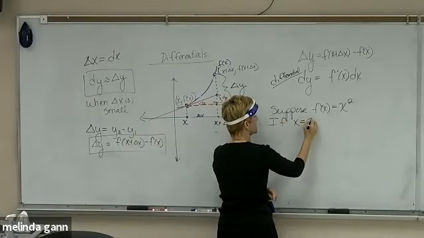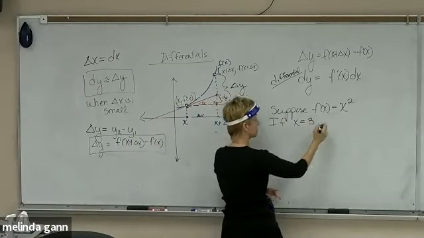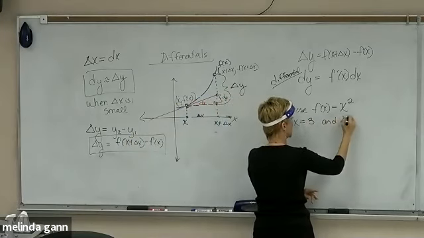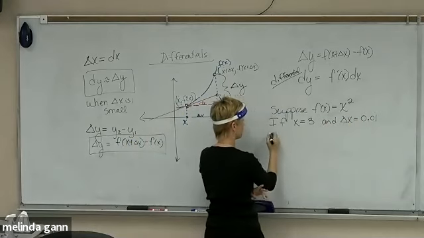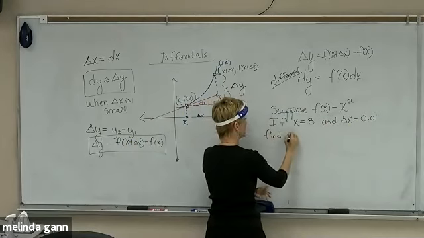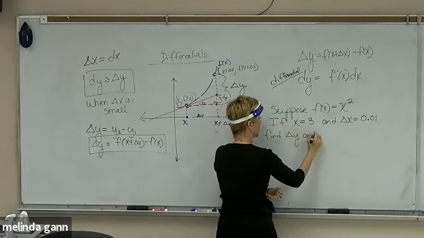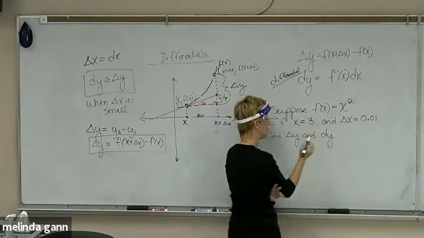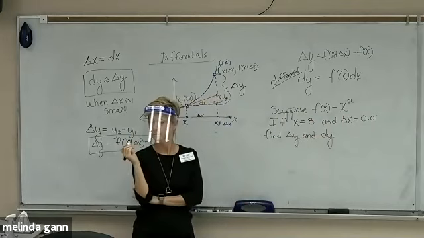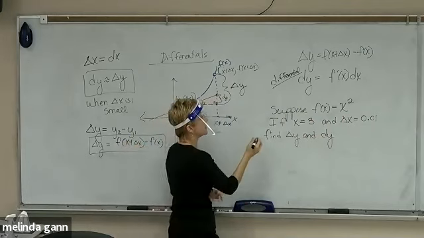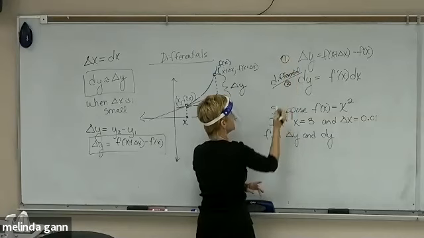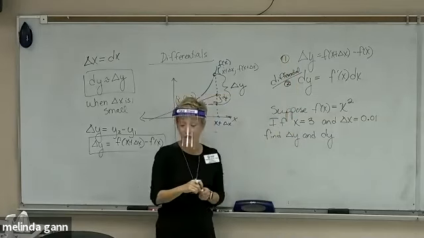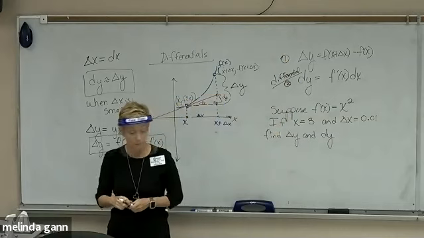If x is 3 and delta x is like 100, find delta y and the differential of y. So these are your formulas. There's your formula for delta y, and there's your formula for the differential of y. So we're going to find both and then compare the two.